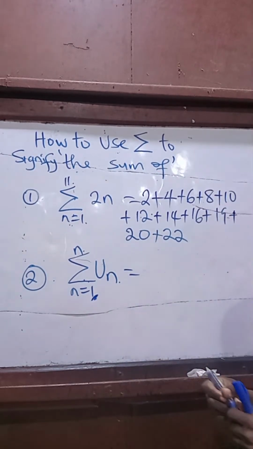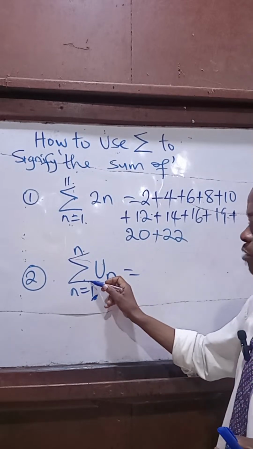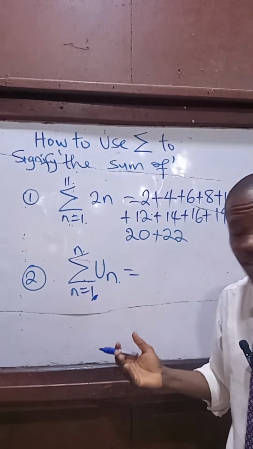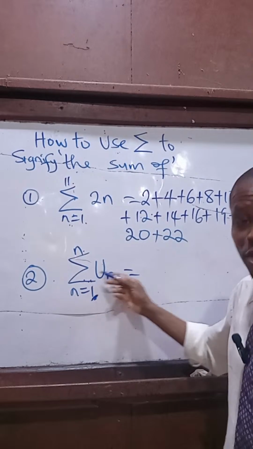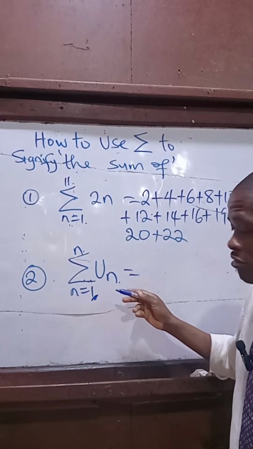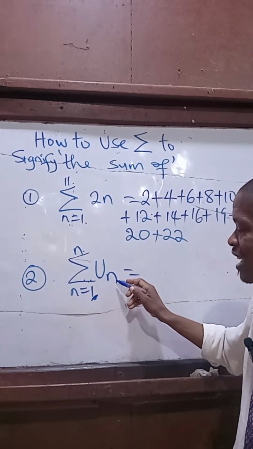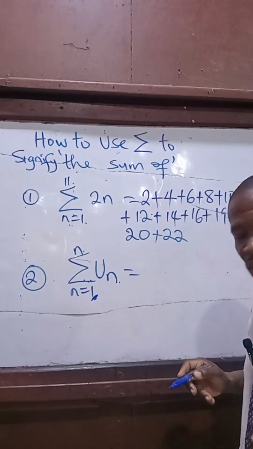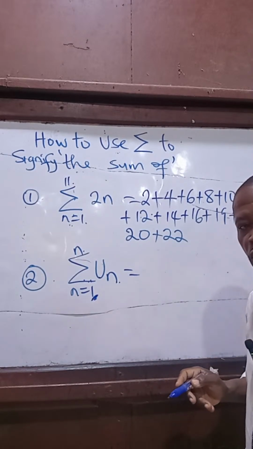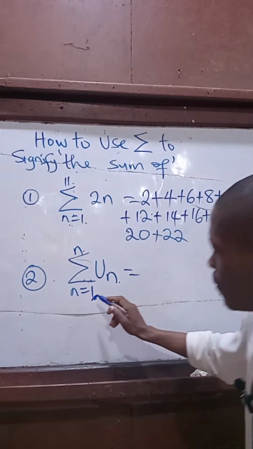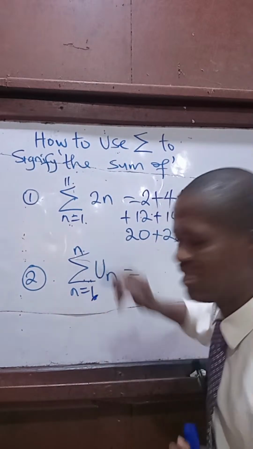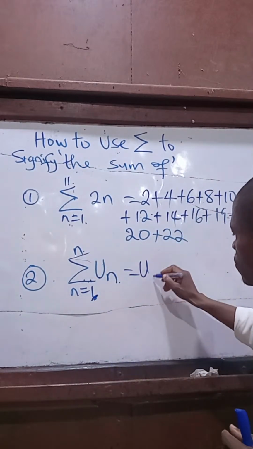The second one, we have summation. I've said sigma means the total, the summation of u subscript n. The question will inform you where to start from. You are starting from n equal to 1 to n, so that will be u1.